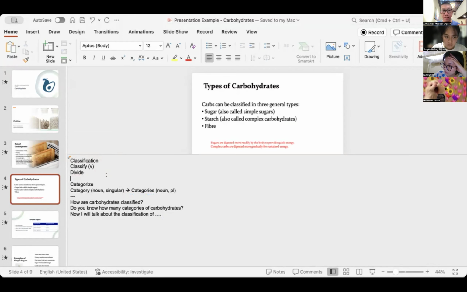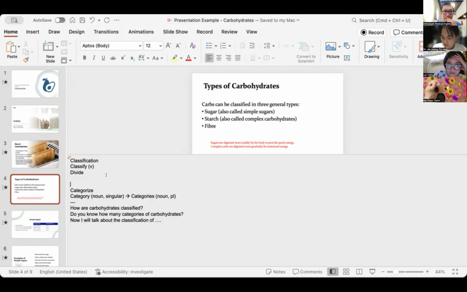Divisions, not division, but we don't use divisions for types. You can say there are 2 types, 3 types, or 4 types of something. Okay, it's very easy to say.